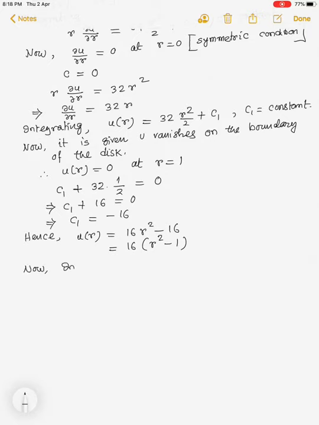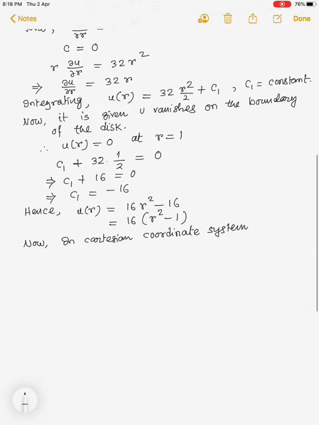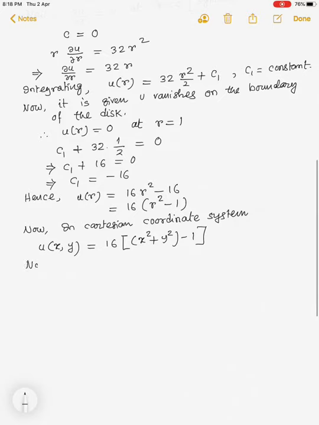Now in Cartesian coordinate system, we have the solution u(x,y) is equal to 16 times (x square plus y square minus 1).